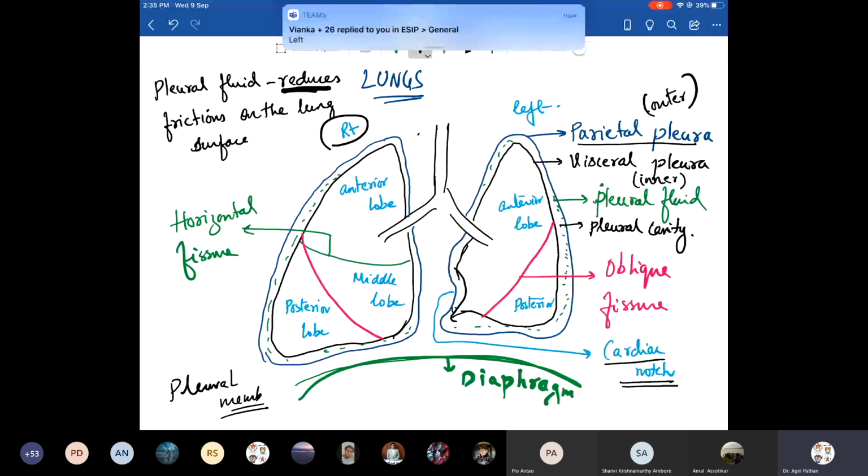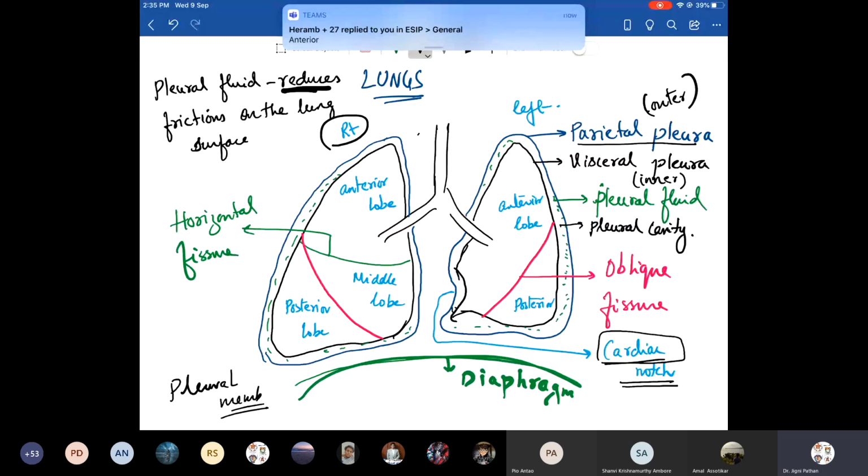Many will go and mark the posterior lobe, but that is the wrong answer. It is to be noted that it is the anterior lobe.